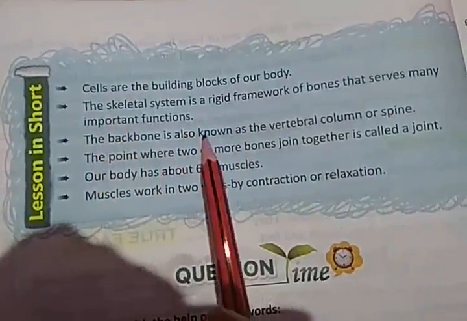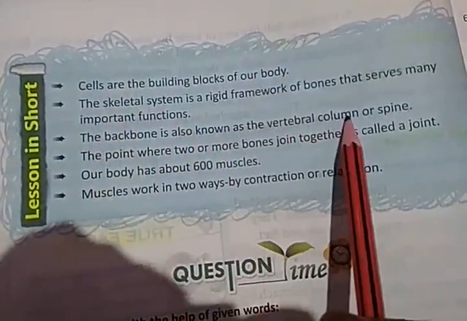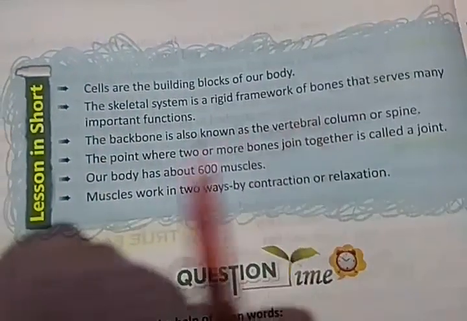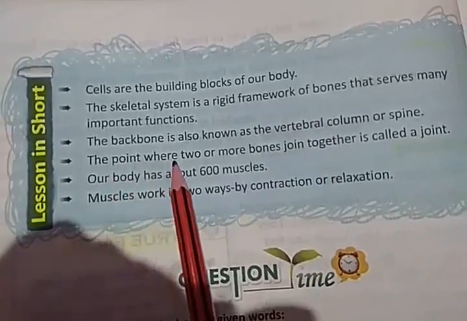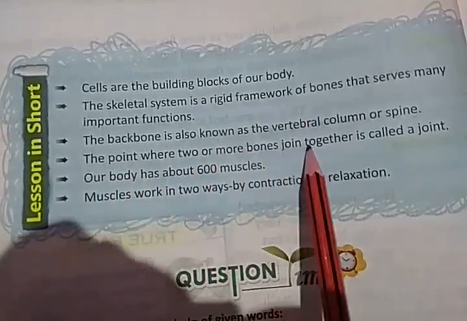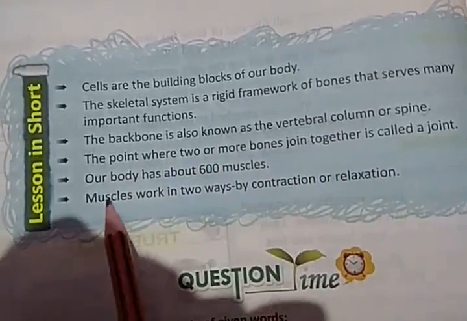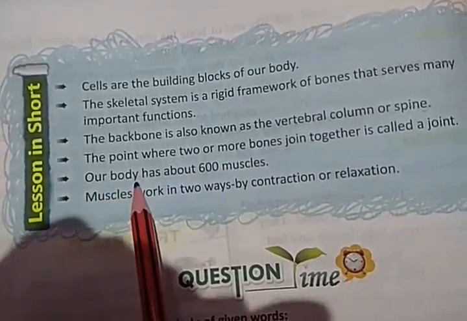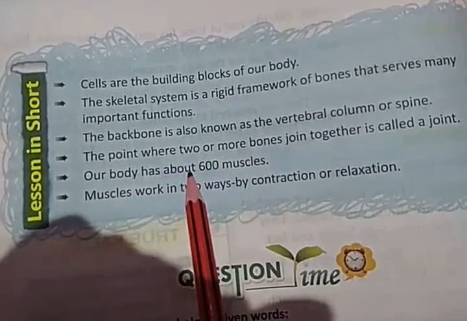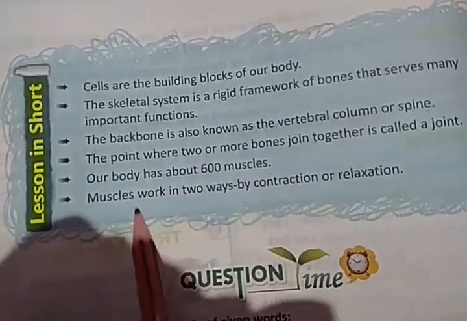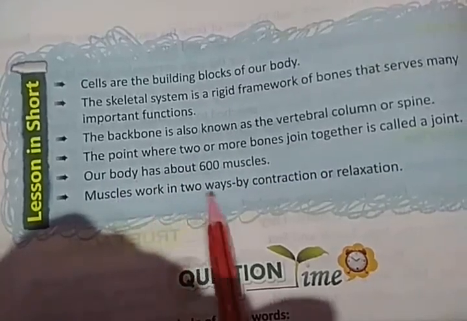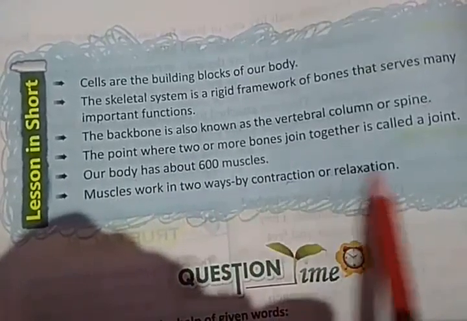The backbone is also known as the vertebral column or spine. The point where two or more bones join together is called a joint. Our body has about 600 muscles. Muscles work in two ways, by contraction and relaxation.